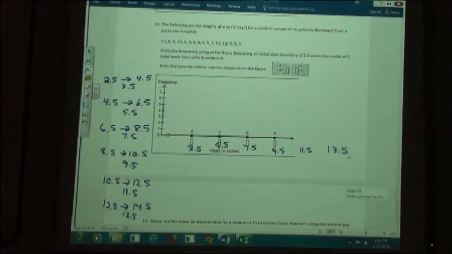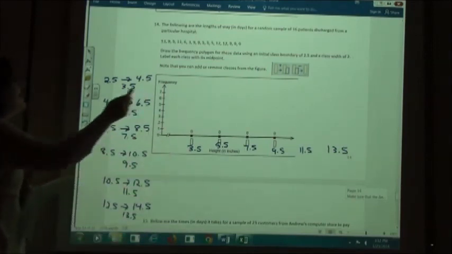Now most of the technology activities will be with your homework stuff, but I wanted to go through the first one so you got used to using the graphing calculators and you knew what I was talking about, because I'll give you step-by-step instructions on doing these, because you can tell this is taking us a really long time to do.